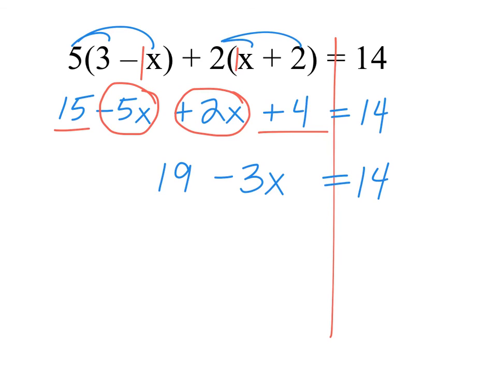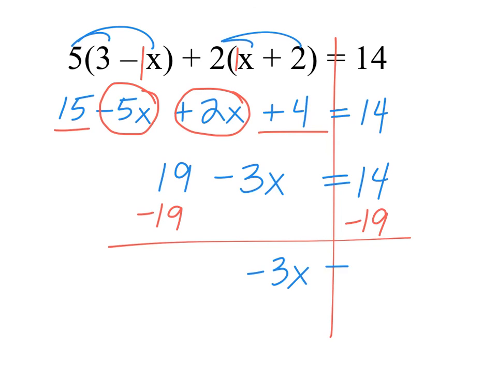Okay, let's subtract 19. Because it's positive in front like that, that means it's being added. Now -3x equals 14 minus 19, which is -5. Last step, undo the multiplication by dividing by 3.